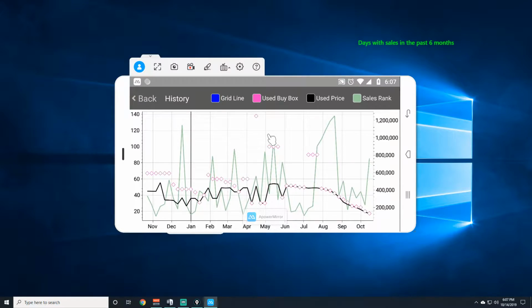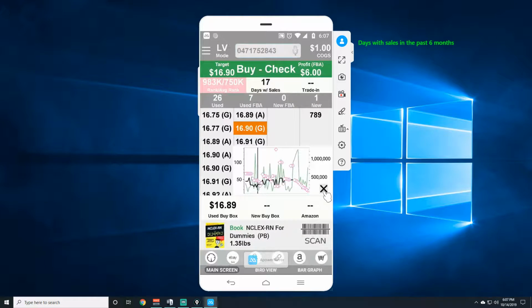And if we go back here, let me just exit out of this. If you see these two guys, I think they are the ones repricing against each other because of the whole penny thing.